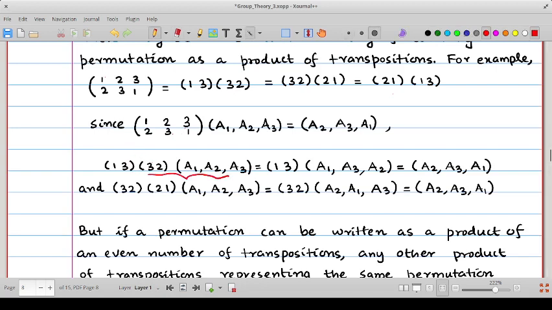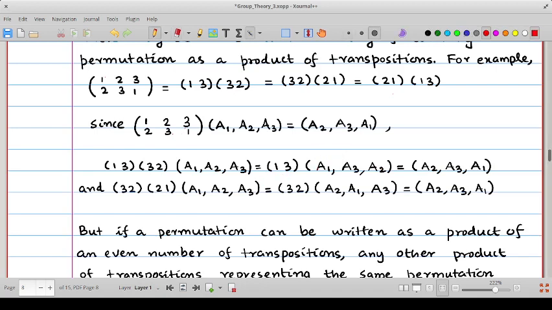We are considering the action of (3 2) on this sequence, so (1 3) is written as it is. Then the action of (3 2) on this sequence will simply give a1, then interchange 3 and 2, so a3, a2.